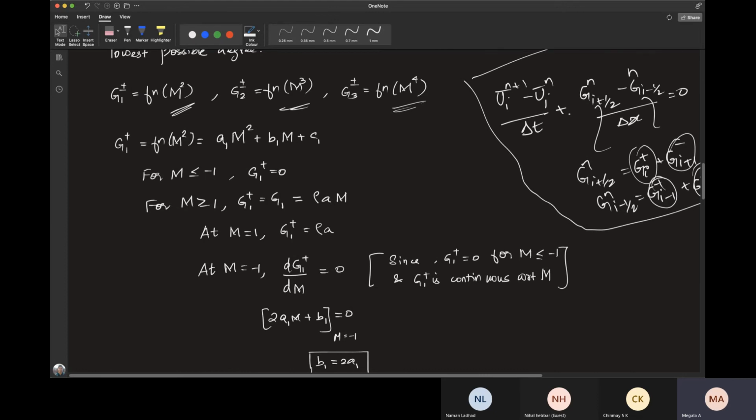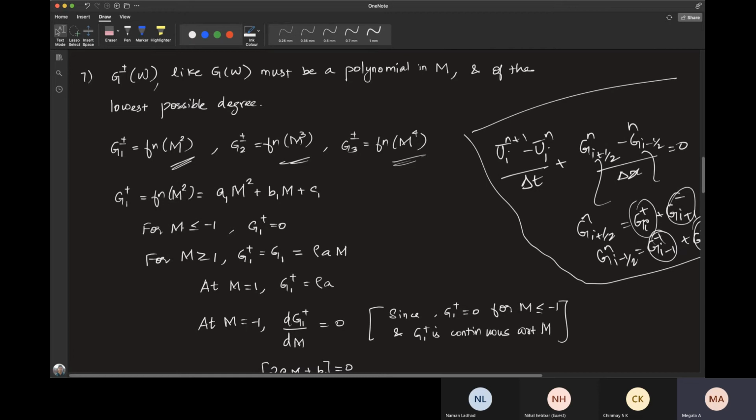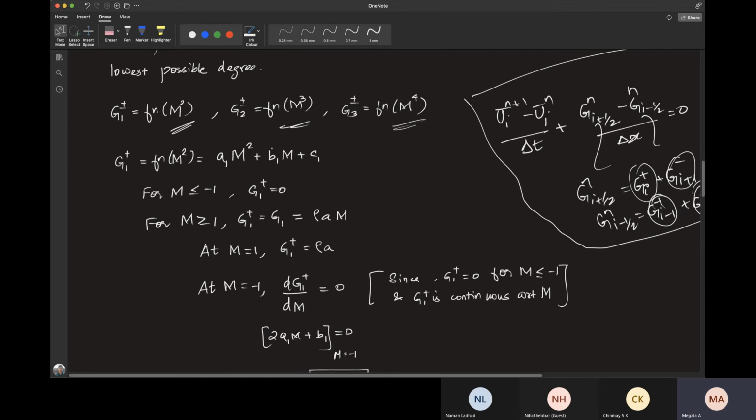So here he uses the conditions that we have put until now. So g1 plus is a function of m squared, g2 plus or minus is a function of m cube, and g3 plus or minus is a function of m power 4. Let's now obtain an expression for g1 plus and g1 minus.